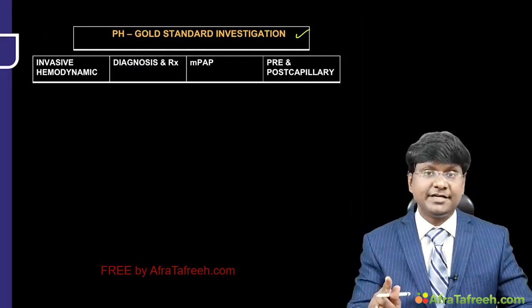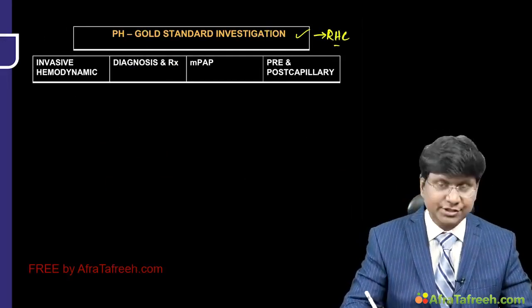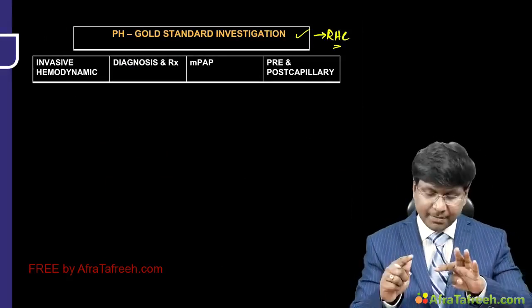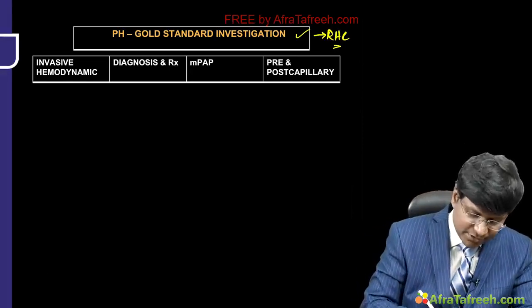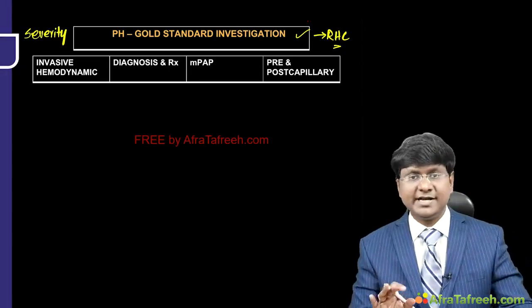Now, if at all you are doing the invasive, then what is the gold standard investigation for pulmonary hypertension? The gold standard investigation will be right heart catheterization. That will be the gold standard. This right heart catheterization will not only help us in diagnosis of pulmonary hypertension, it also tells us about the assessment of severity of the pulmonary hypertension as well.